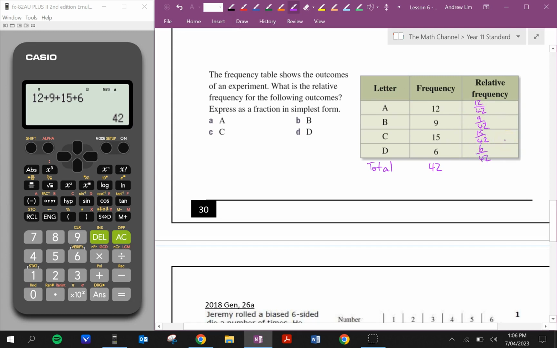So we can just simplify all of these. 12 out of 42 is 2 on 7. 9 on 42 is 3 on 14. 15 on 42 is 5 on 14, and D, 6 out of 42, is 1/7. And again, all of these should add to 1. Okay, because if we think about it, they will all add to 42 over 42.